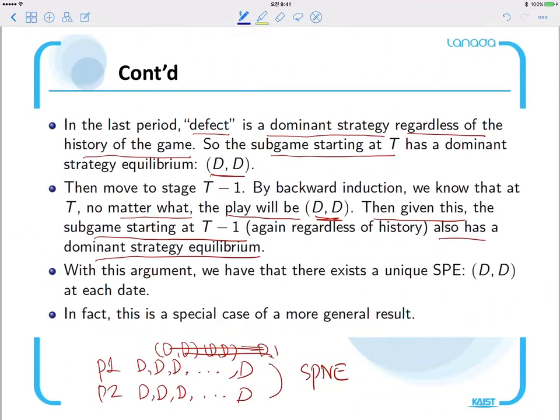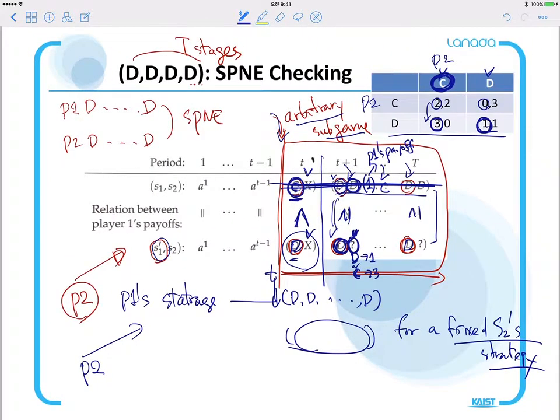I'm elaborating on this argument for those who do not accept this statement clearly. For this reason, as I mentioned before, playing D for player 1 and D for player 2 is a subgame perfect Nash equilibrium.